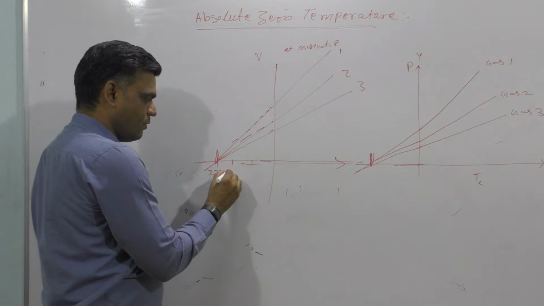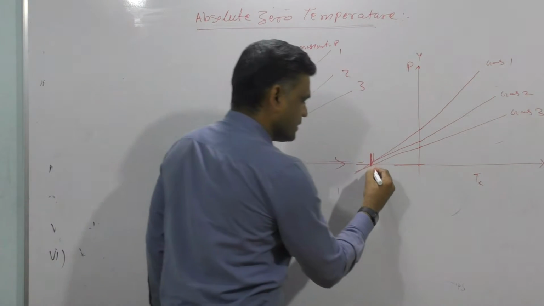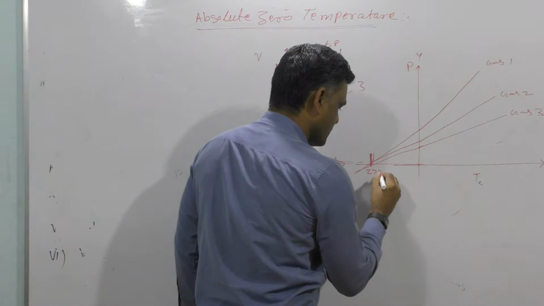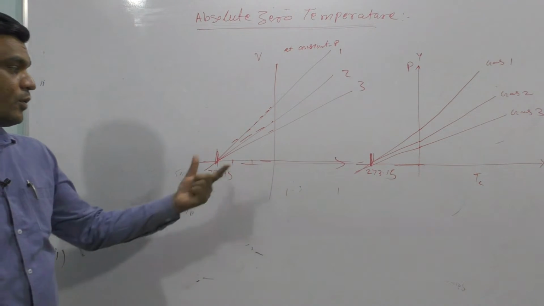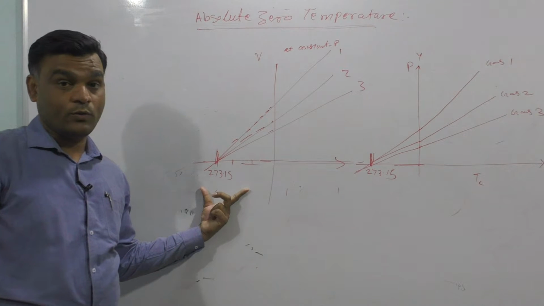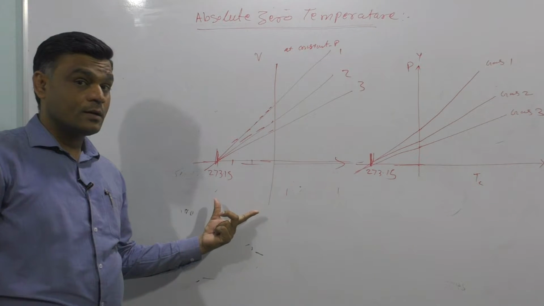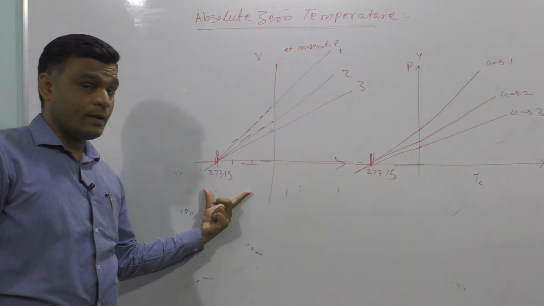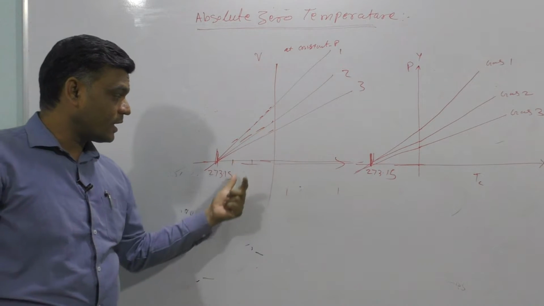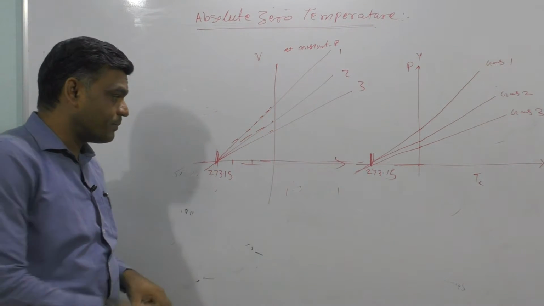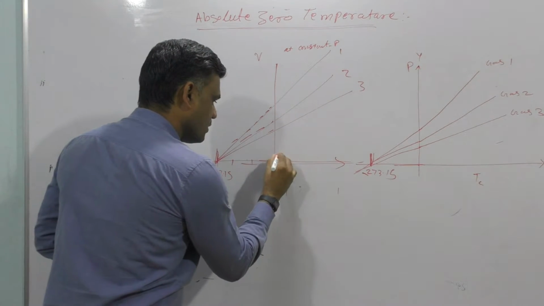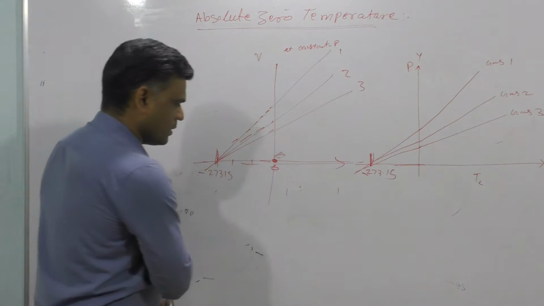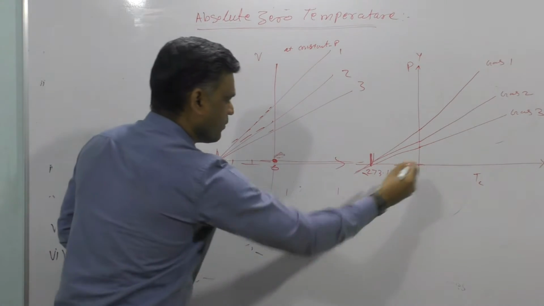273.15, and here is also 273.15. In both cases we obtain the exact value. Theoretically, at this negative temperature, because 0 is here, so the left side values are negative temperature and the right side positive.